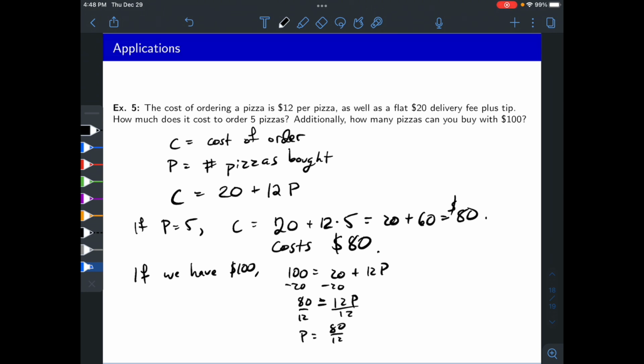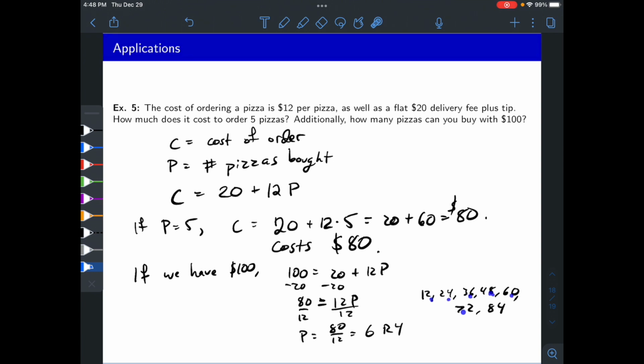What is 80 divided by 12? You could just list multiples if you want. 36, 48, 60, 72, 84. So it would be 6 with some remainder.